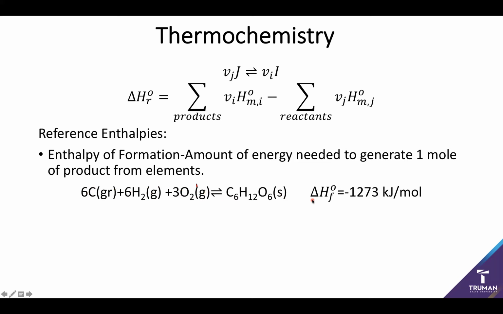So this reaction is going to give me my enthalpy of formation. Whenever we're talking about the enthalpy of glucose, we're typically going to be referencing this enthalpy of reaction, because there's no other good way to encapsulate how much energy is in that species.